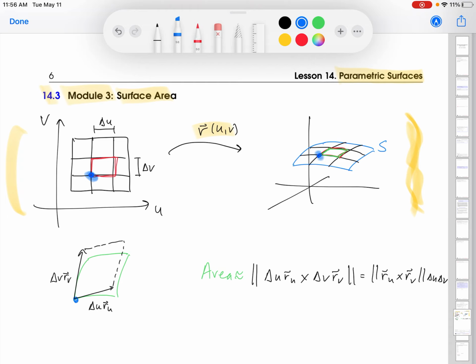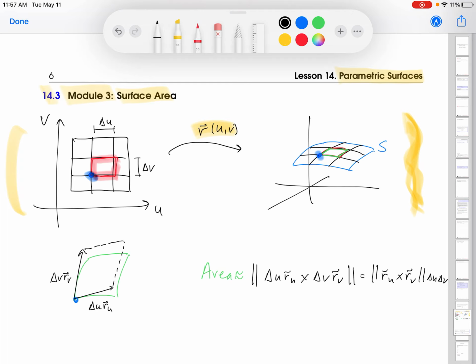So then what I'm trying to do is illustrate how you could, for example, think of this red square on the left-hand side, that is being taken as a rectangle or square, in this case, in 2 dimensions, and being mapped by the parameterization onto the surface S. In general, when we do that mapping, we don't expect to get another flat surface on S. S is in general very curved.